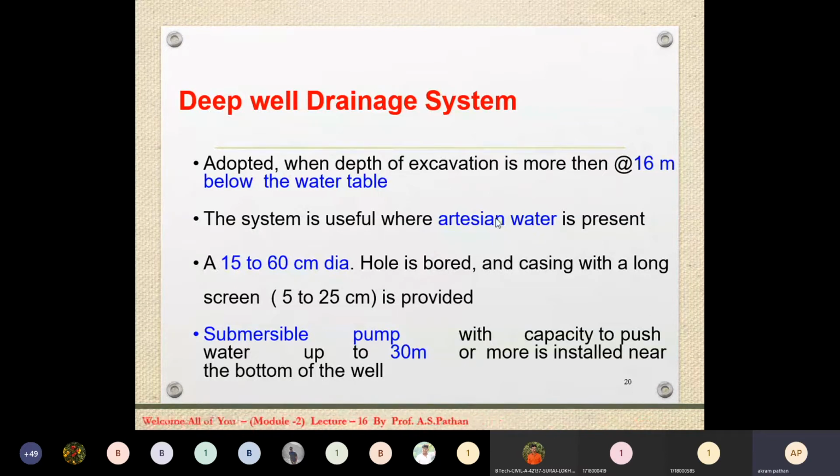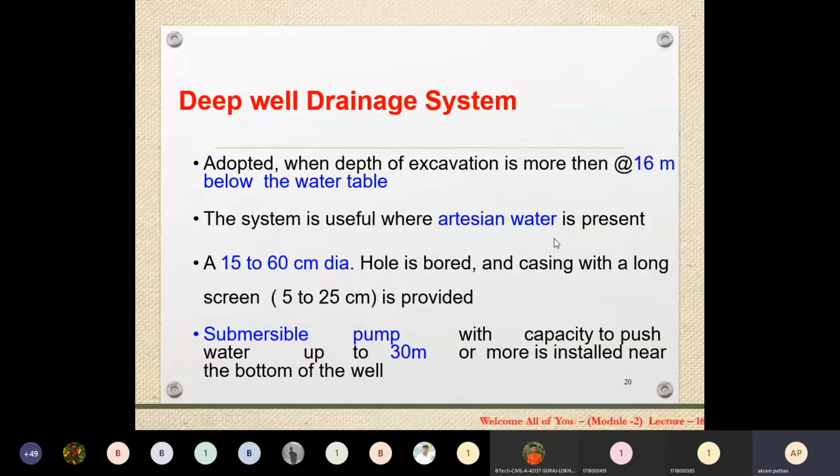Artesian water is groundwater that flows freely at the surface from an artesian bore or well. It is under positive pressure, that is, water flows under natural pressure without pumping. So when artesian water is present, the deep well drainage system is adopted.